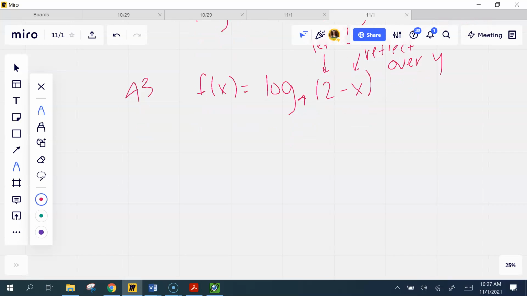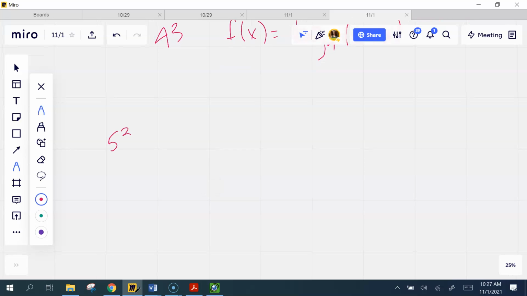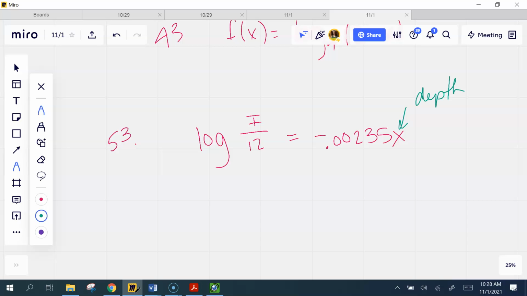53. Oh, this was a good one. It gives you this equation: log of I over 12 equals negative 0.00235x. And it asks what's the intensity at a depth of 40 feet? My depth is represented by x, so I'm going to plug a 40 in for x.